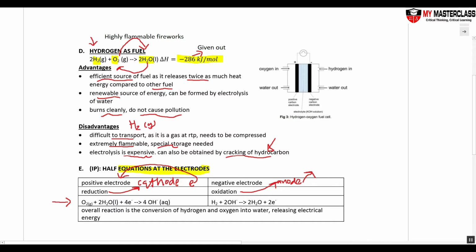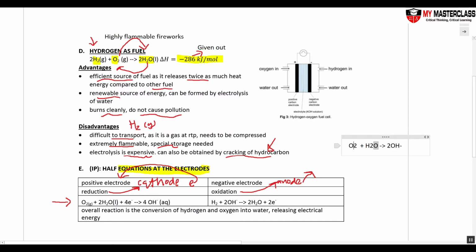My oxygen is going to gain electrons and form OH minus. Normally I will balance the O first by putting 2 in front. After that, with this 2 in front, I actually have 2H. To balance this, I have to add H2O. After I add the H2O, if I look at my oxygen, there's 1 here and 3 here, so I cannot balance.